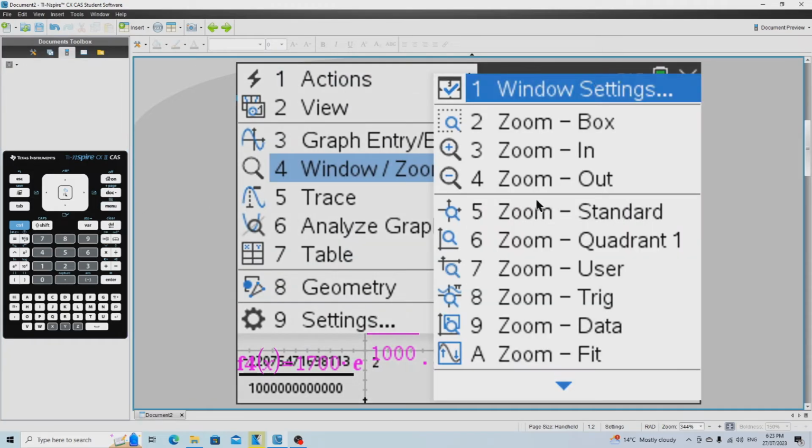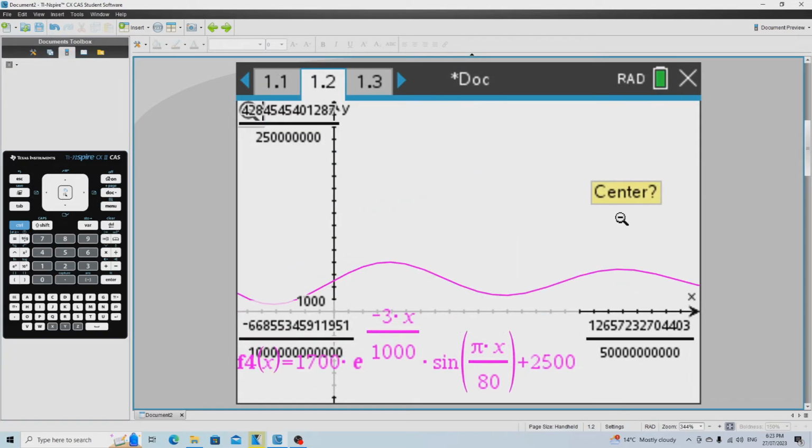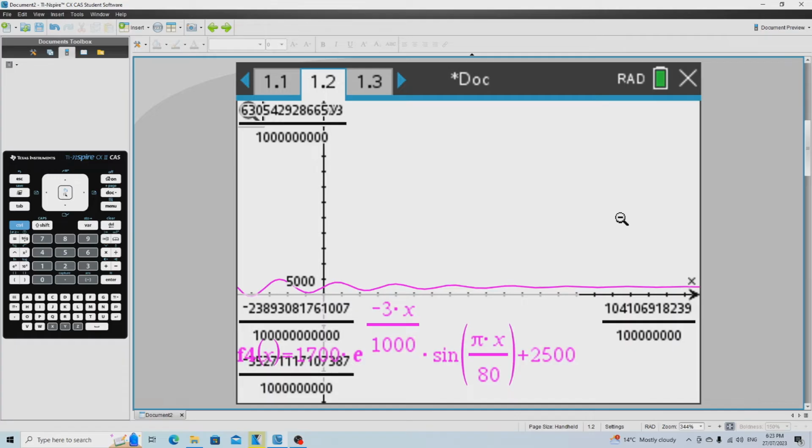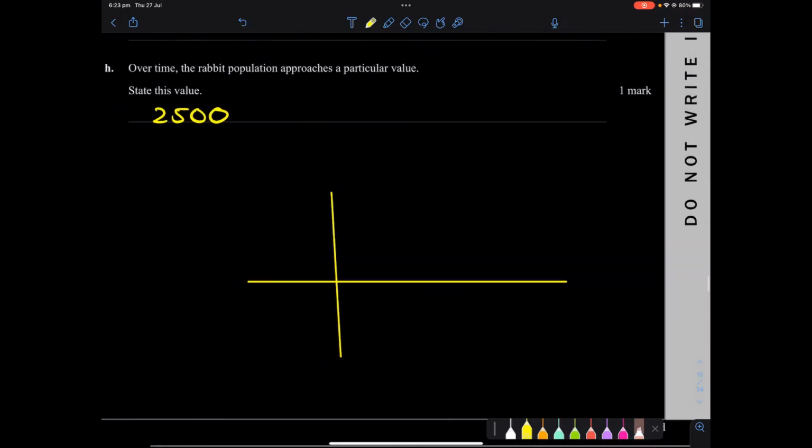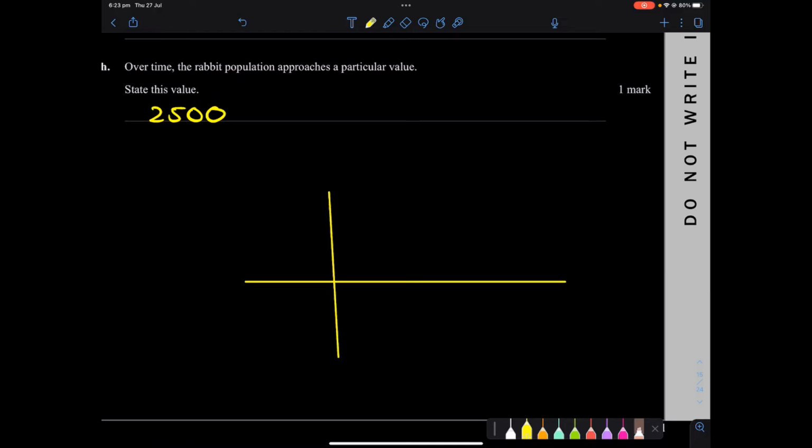If you can't see what the graph looks like, I'll draw it over here. The graph starts at a point, and it goes up, down, up, down, up, down, up.